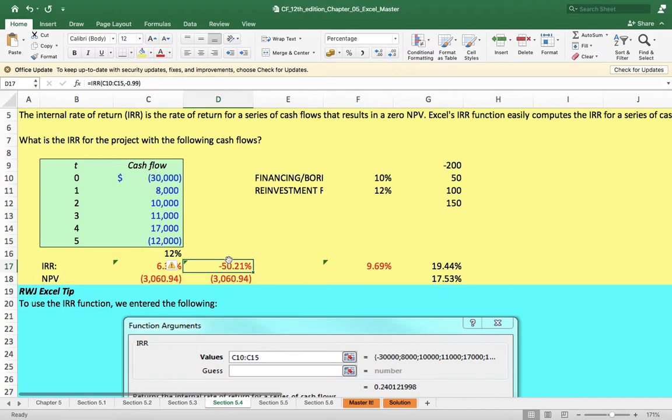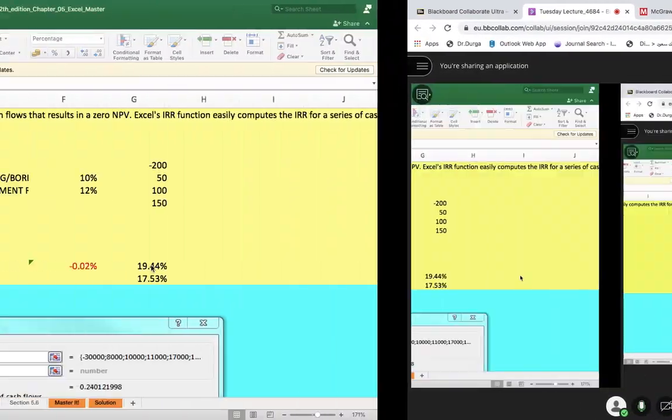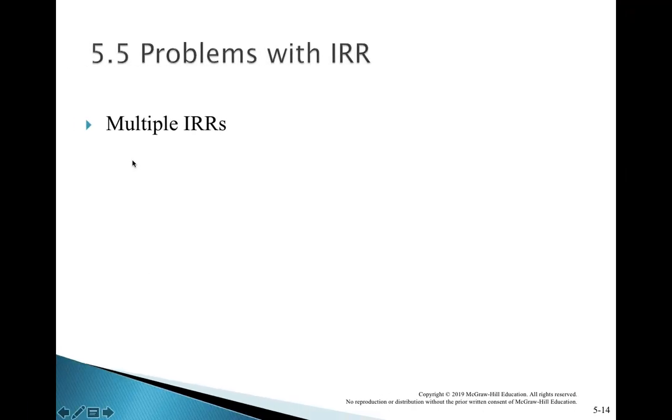In the cash flow, a sign change is there in between, so there are multiple IRRs. And sometimes there will be no IRR at all. These are the situations that normally occur when there is a sign change in the cash flows.